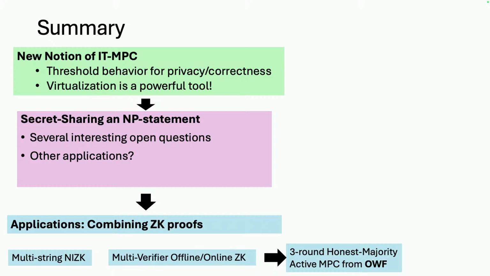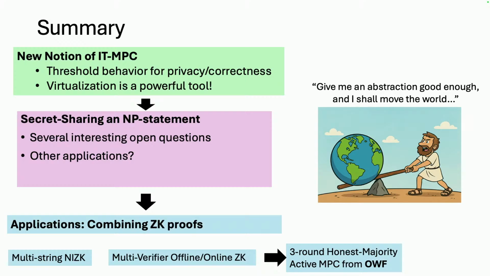It wasn't easy, or at least we couldn't see a direct way to solve it, and we had to go through this abstraction in order to solve it. I don't know how to do this directly. Without this abstraction, I wouldn't even think about this notion of MPC. And the lesson that I learned goes back to Archimedes: if you have the right abstraction, it buys you a lot.